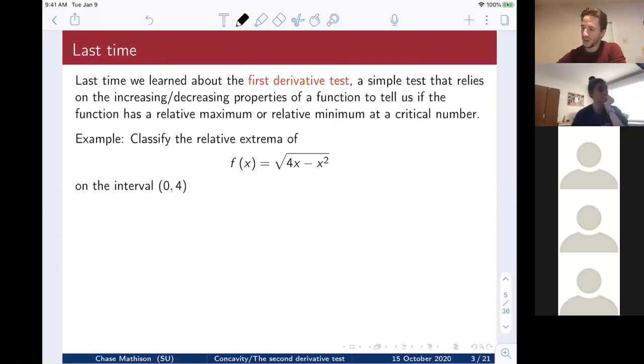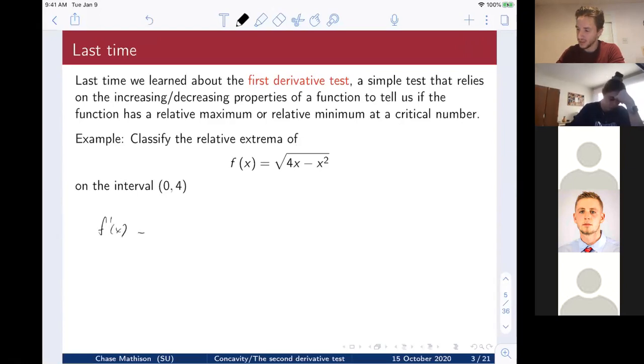So I want to classify all relative extrema. What's the first step to find any relative extrema? Derivative. Yeah, I'm going to take the derivative, f prime of x is equal to something. This function is a composition of two functions.